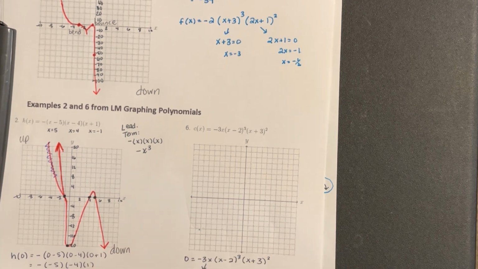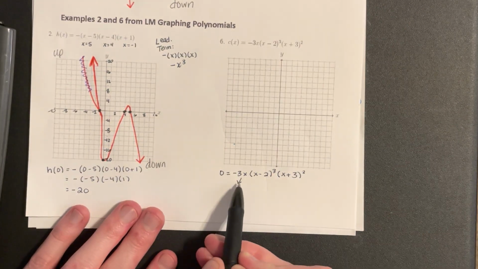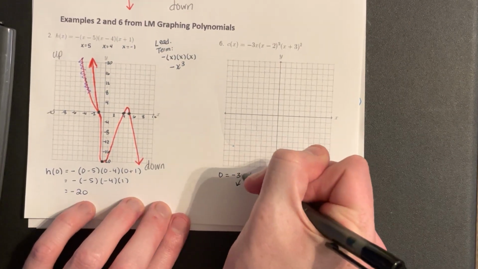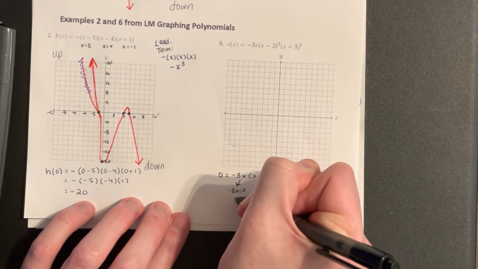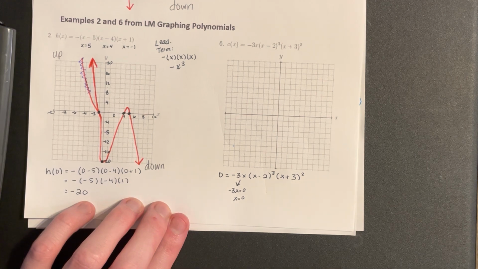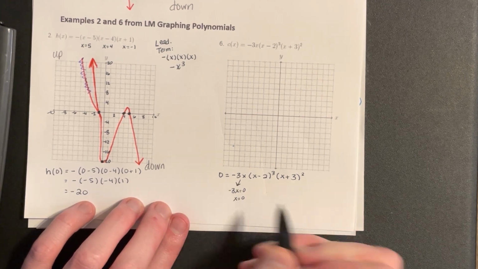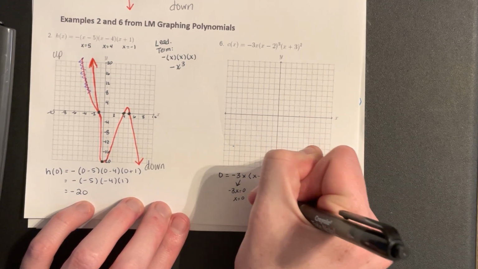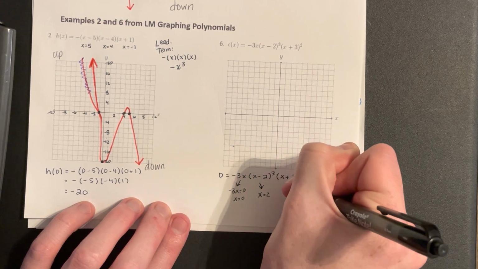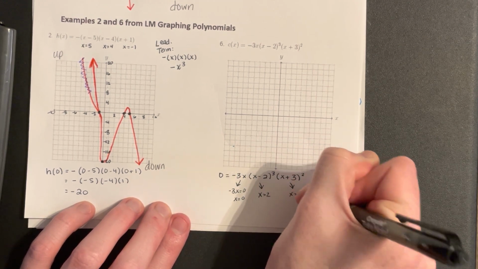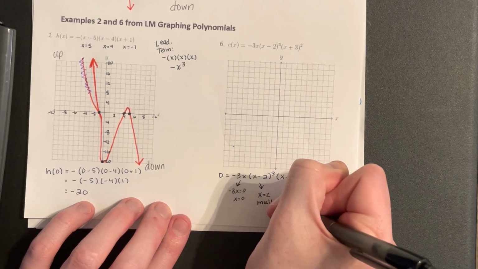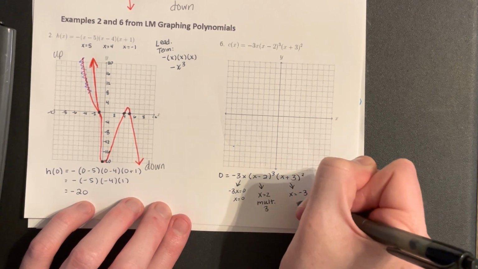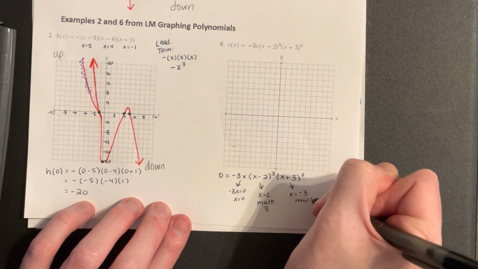One thing I see students mess up is that they will forget that first factor of negative 3x, and because there's an x there that's going to have a factor, it always will give you just a 0 because it's just an x value there. But then we have our x equals 2, our x equals negative 3, and the multiplicity. So this positive 2 is a multiplicity of 3, the negative 3 is a multiplicity of 2.